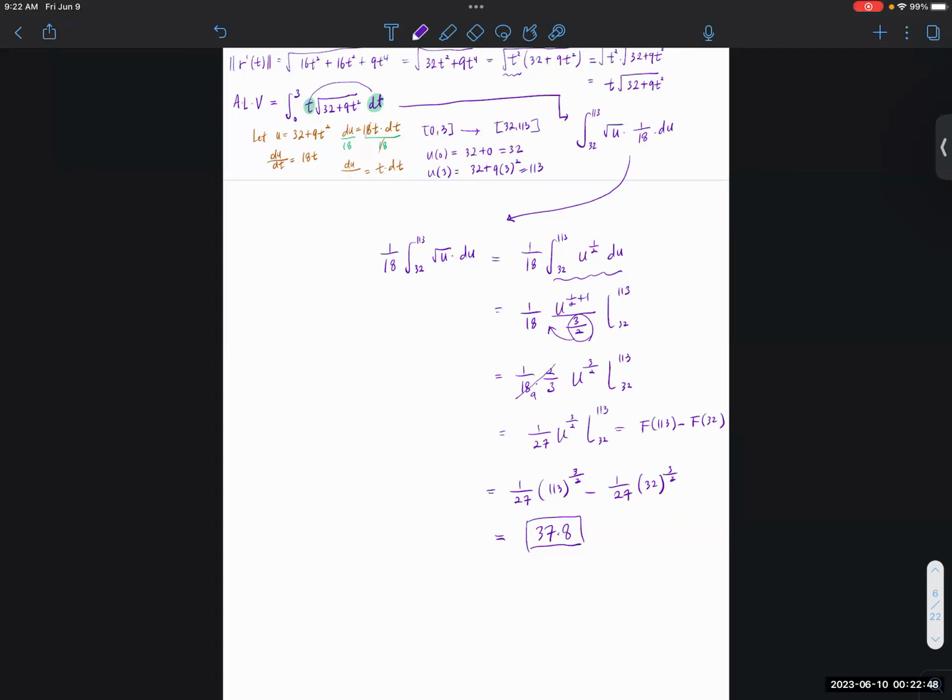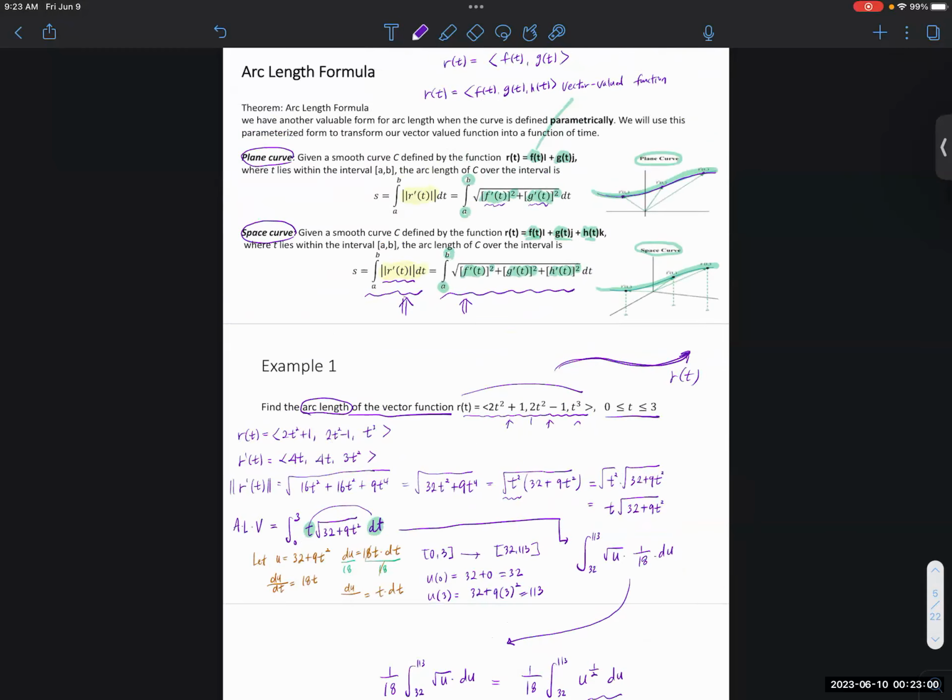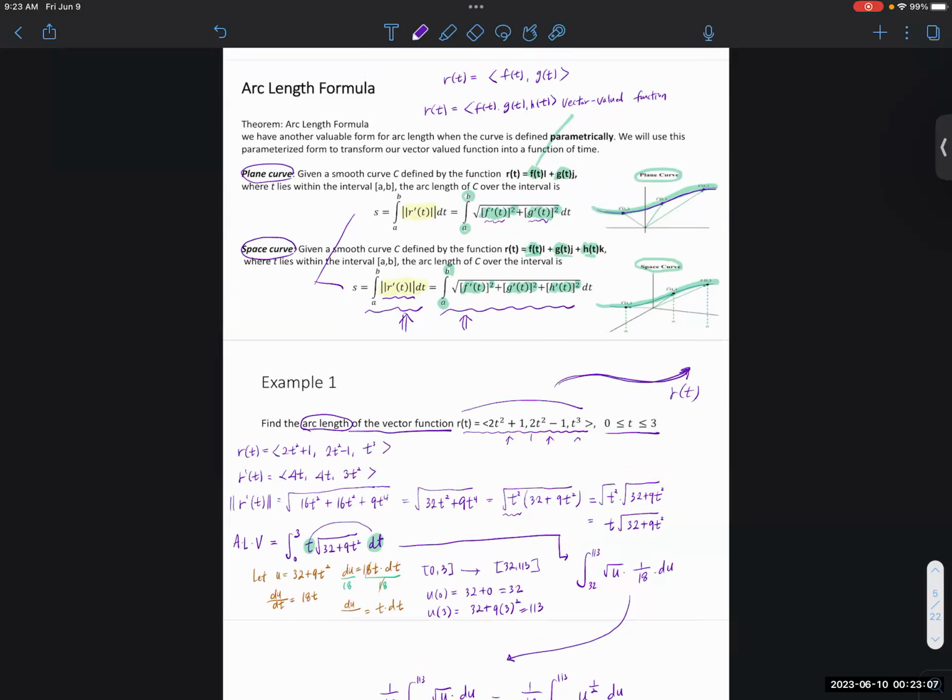We are using similar techniques such as integrals and derivatives, just expanding the knowledge from one variable to two variables in three-dimensional space. So keep in mind this is the formula to find the arc length of a vector valued function, whether you have 2 components or 3 components.